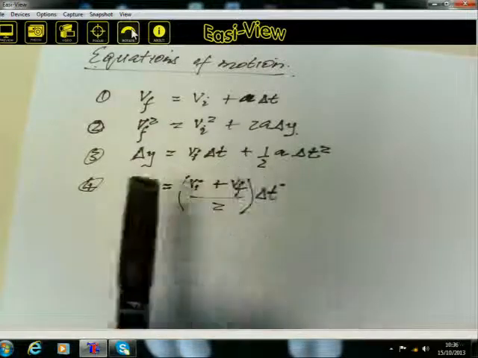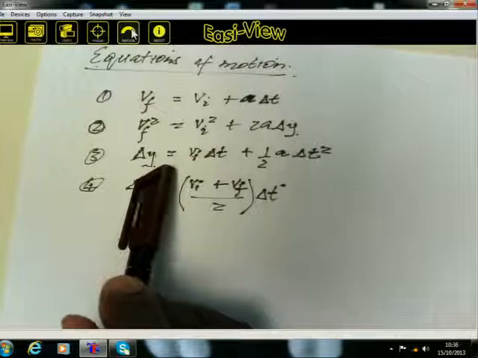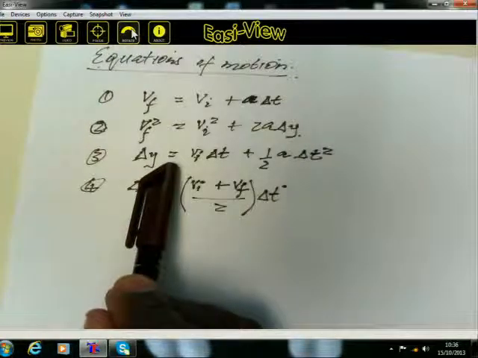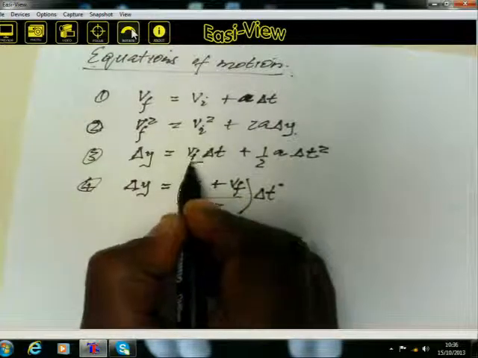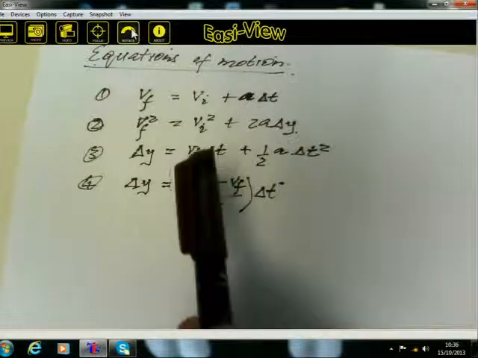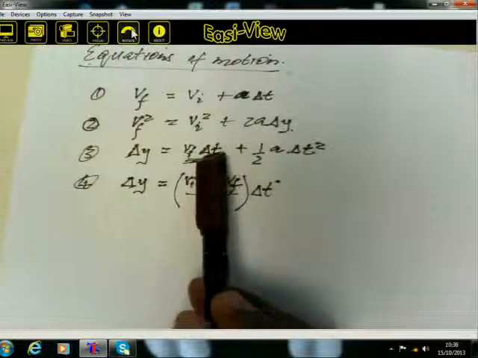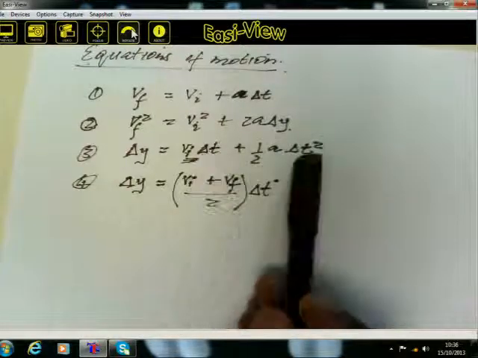My advice would be, if you are using equation 3, it would be most important for you to note that this equation can be easily used when your initial velocity is 0, especially if you are required to determine the change in time or the time.